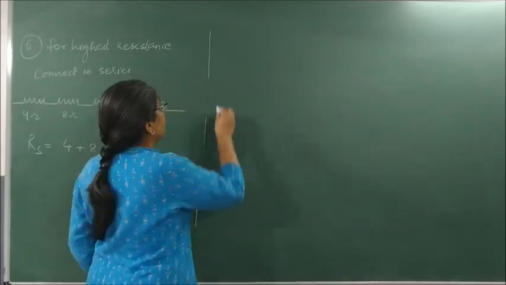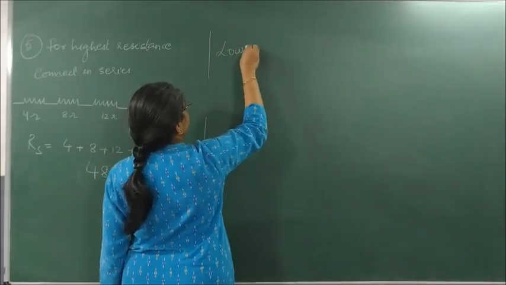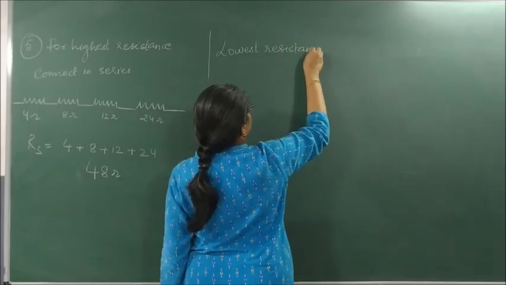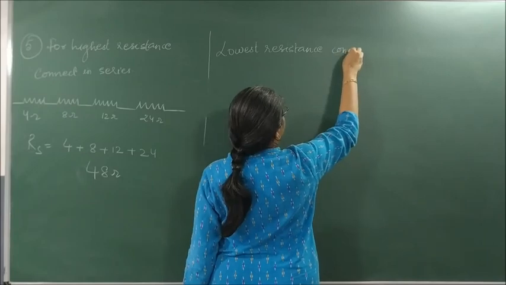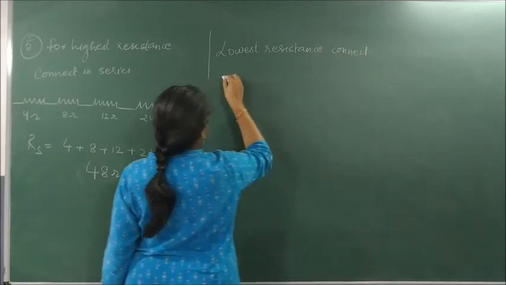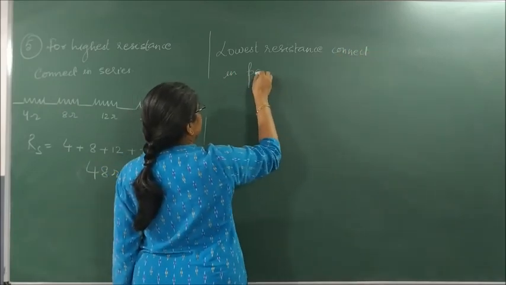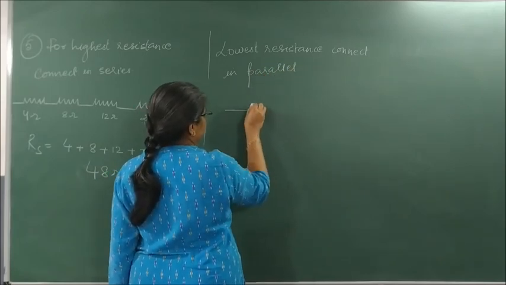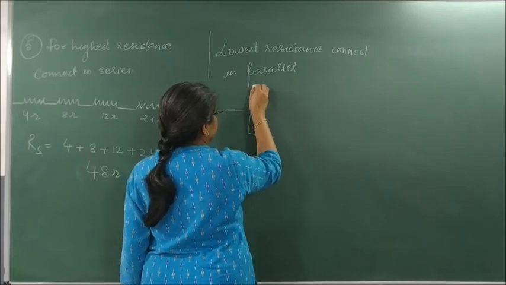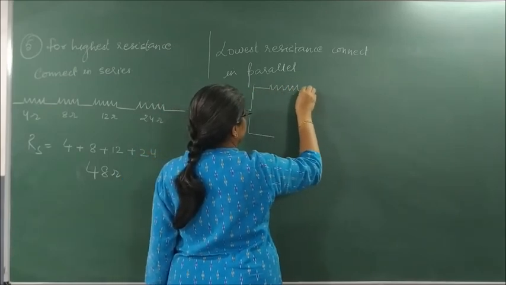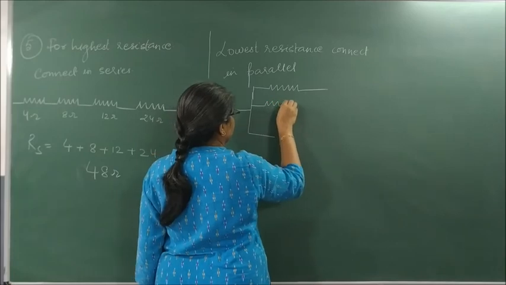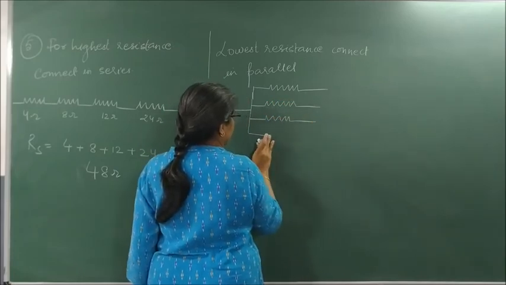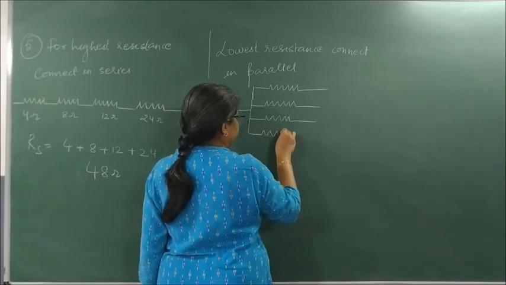Now, to get lowest resistance, connect in parallel. This is how we will connect: 1, 2, 3, and we have the fourth one.